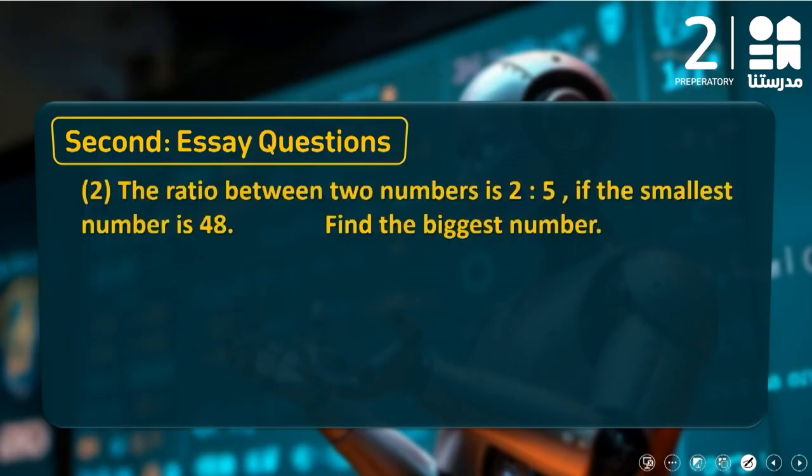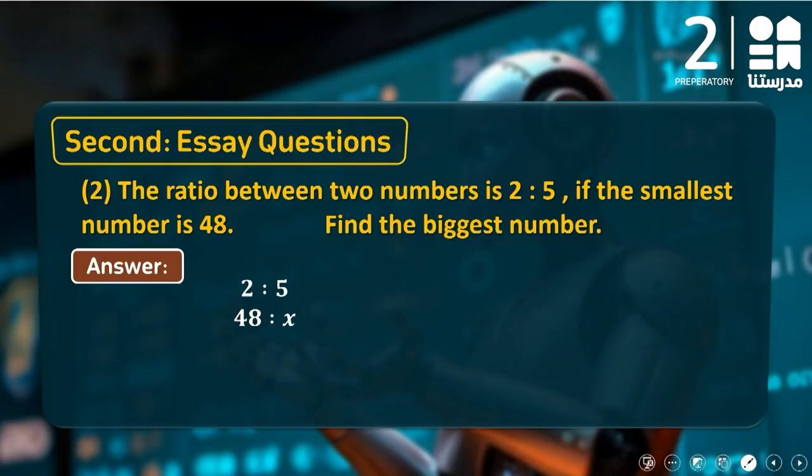The second question: the ratio between two numbers is 2 to 5. If the smaller number is 48, find the bigger number. Now we have two numbers, the ratio between them is 2 to 5, and the smallest number is 48. How can we find the biggest number? First, we have the ratio 2 to 5, and the smallest number, with the smallest ratio, equals 48. We don't know the biggest number, so we can call it x.